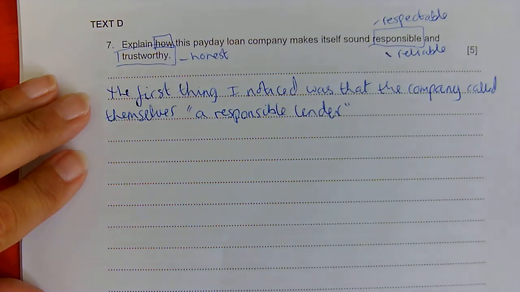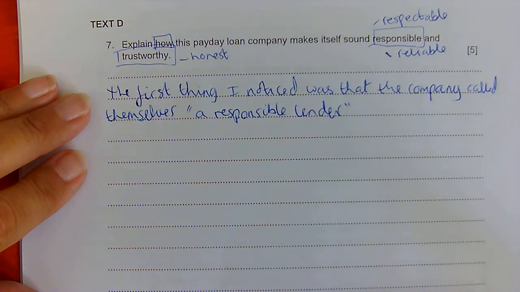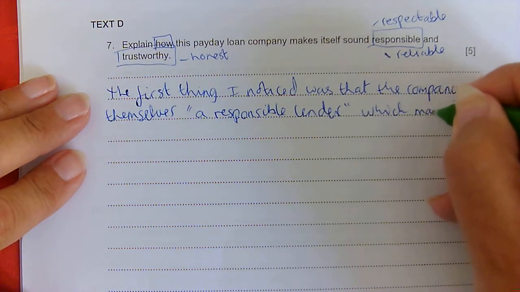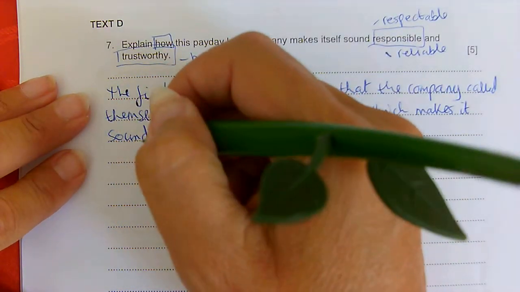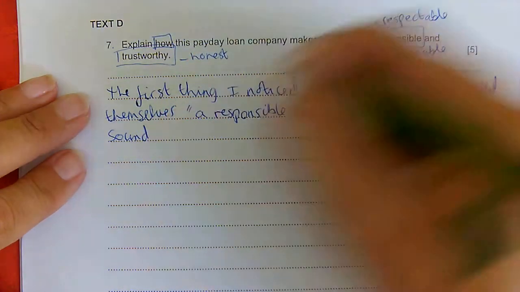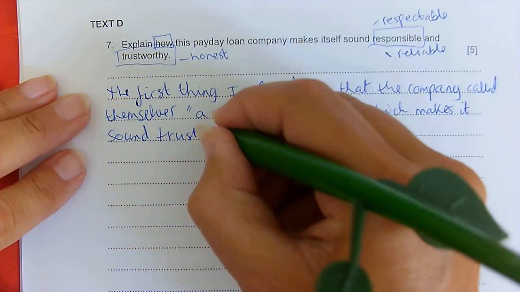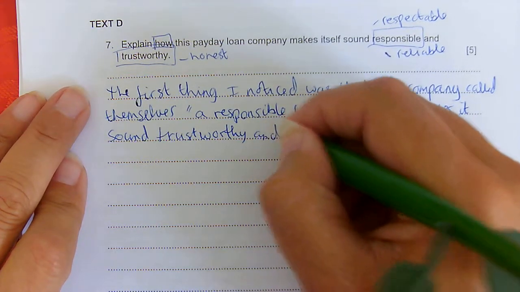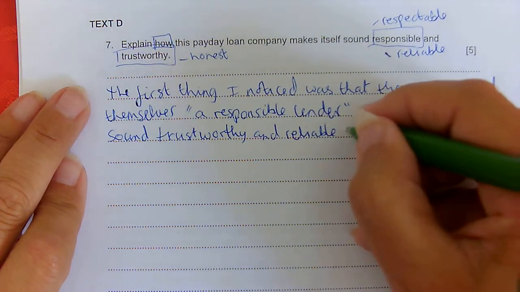Notice how we're embedding it. Okay, so we've got a responsible lender embedded, which makes it sound trustworthy. So we're linking back to the question, trustworthy, and reliable straight away.